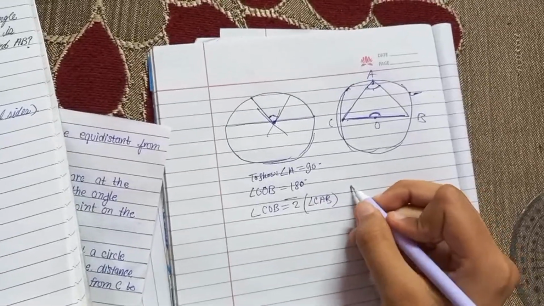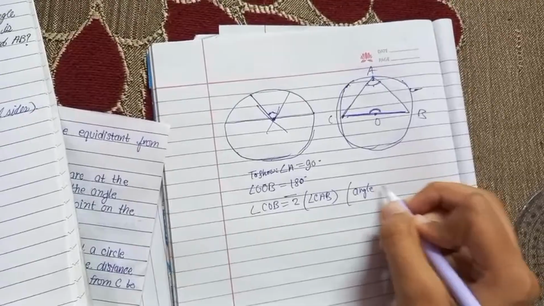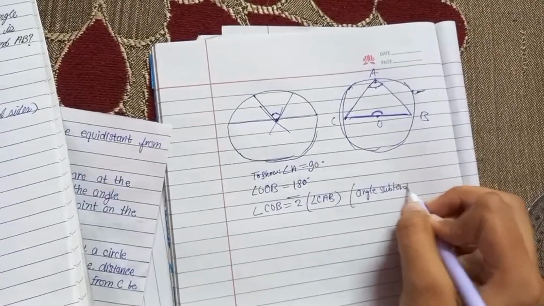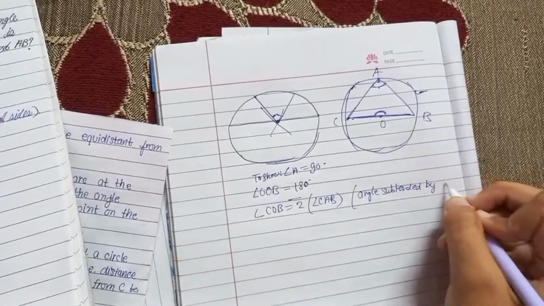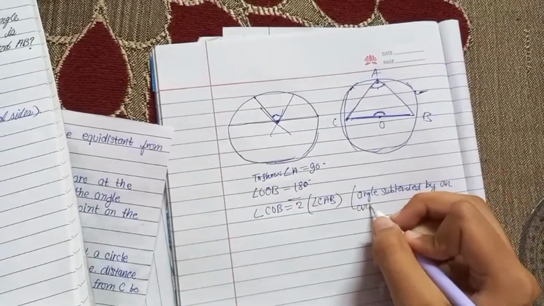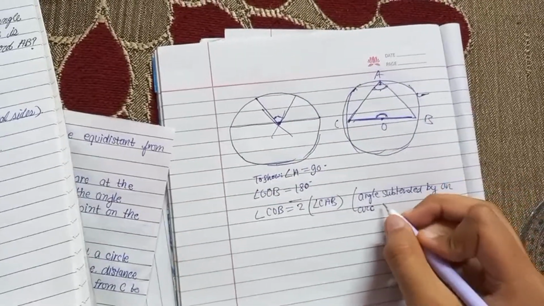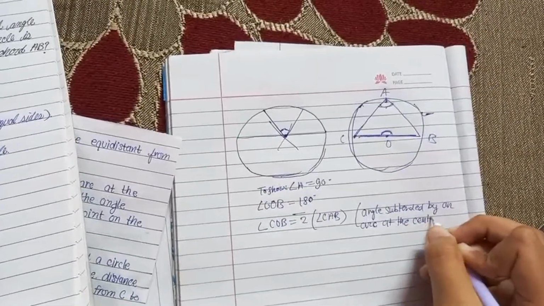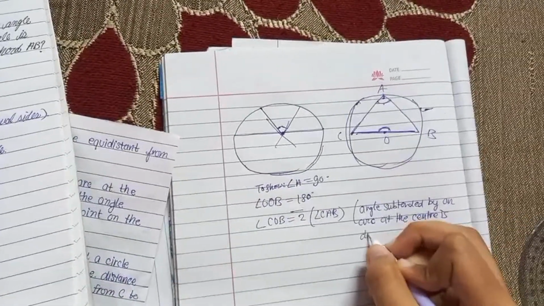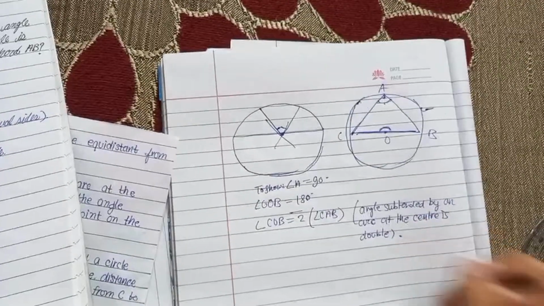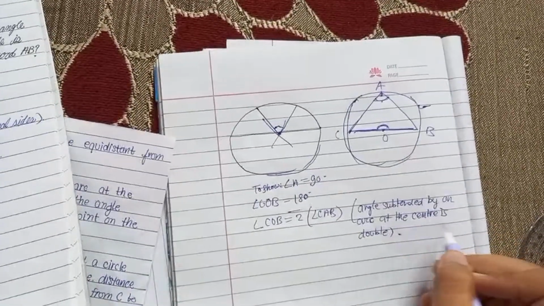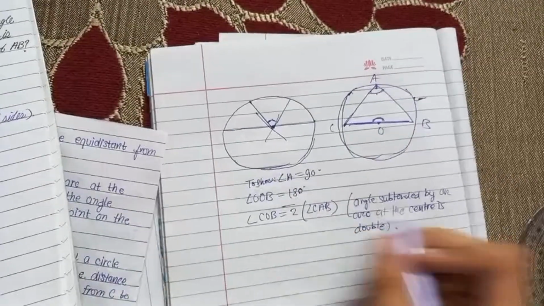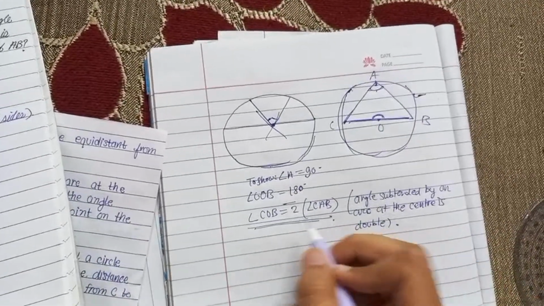Its reason: the angle subtended by an arc at the center is always double. So we have this statement.